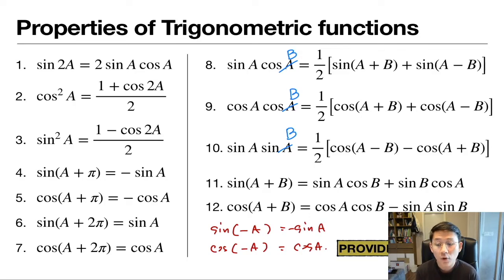You need to know that sine of minus a is the same as minus sine a, and cos of minus a is the same as cos a. Doesn't really matter if it's a or minus a, the cos is still the same. You need to know that in order to rearrange or manipulate the trigonometric functions, so that you can apply the previous formulas to them.